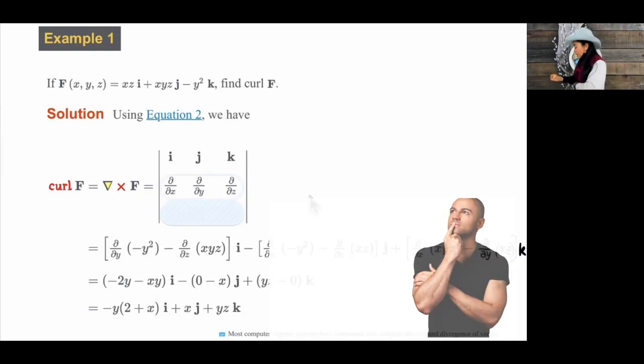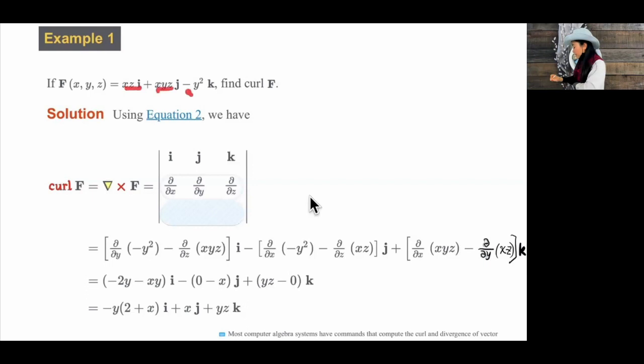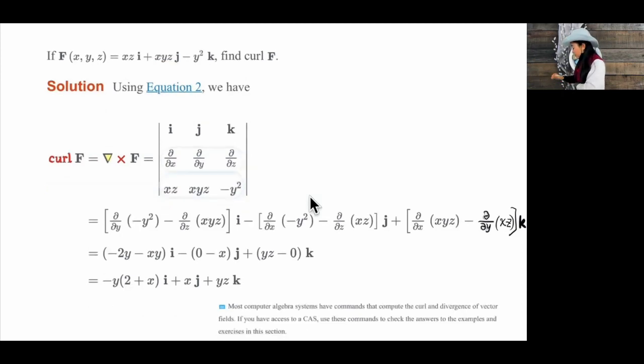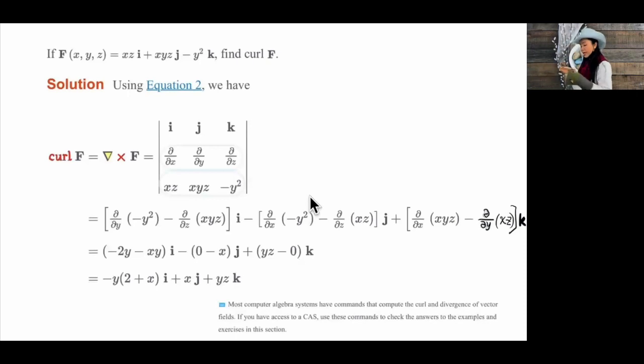Yes, then you just put the component functions in there. So this one here will be xz, and then the second one will be xyz, and then the last one is negative y squared. And then you just compute this using the way that I talked about, and then you get this result.